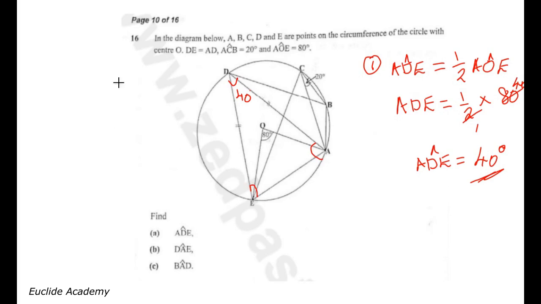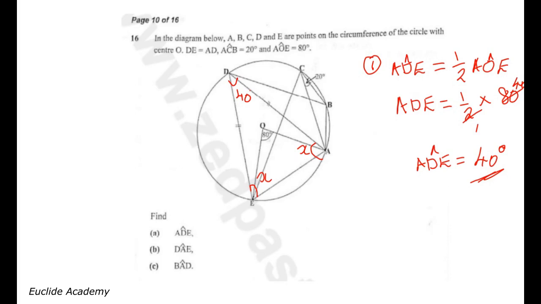So if this one is x, this one also will be angle x. So if you add x plus 40 plus this other x, they should give you what? They should give you 180 degrees.